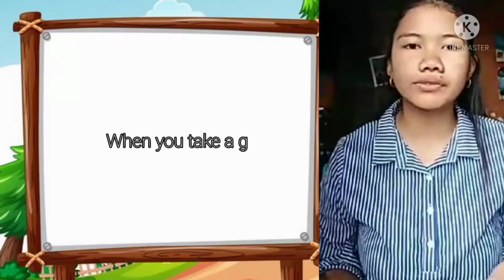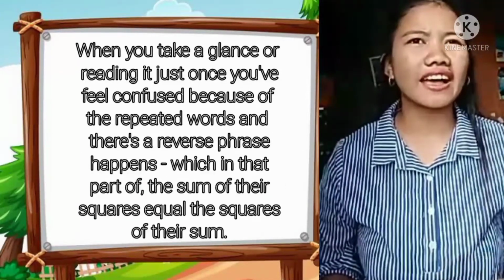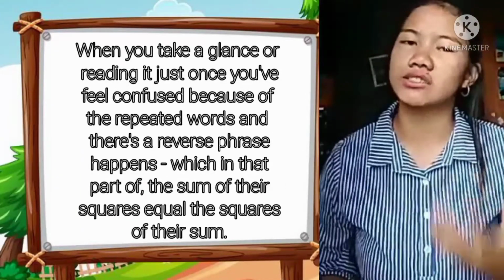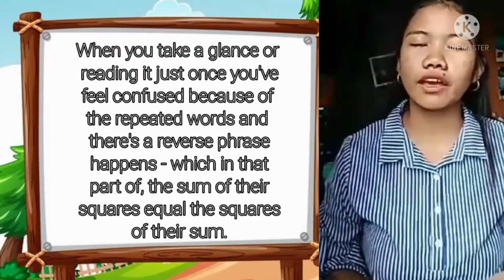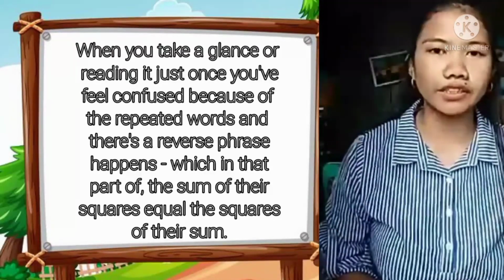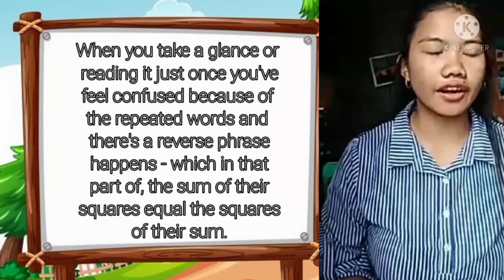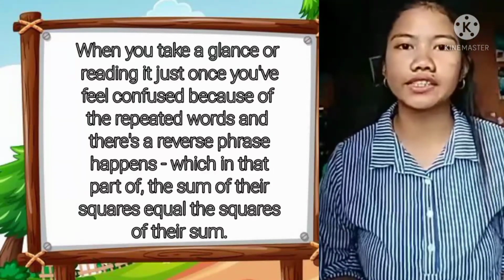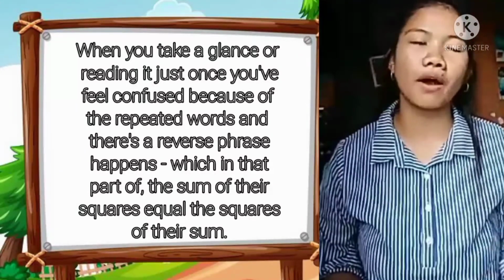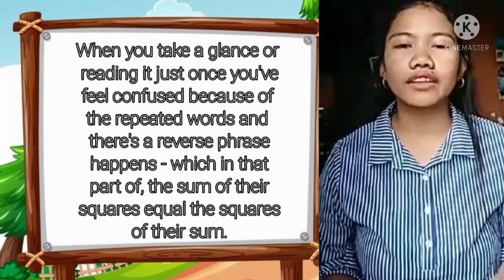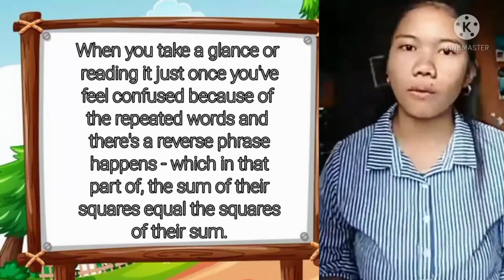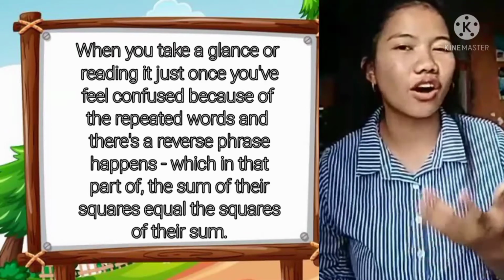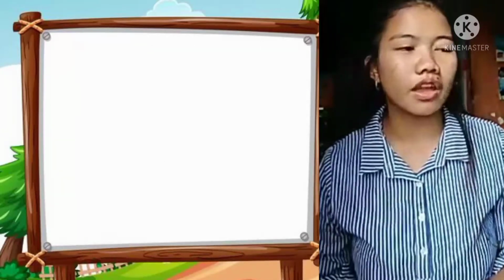A little bit confused, right? When you take a glance or read it just once, you're confused because of the repeated words or the reverse phrase, which is the part of the sum of their squares equals the square of their sum.